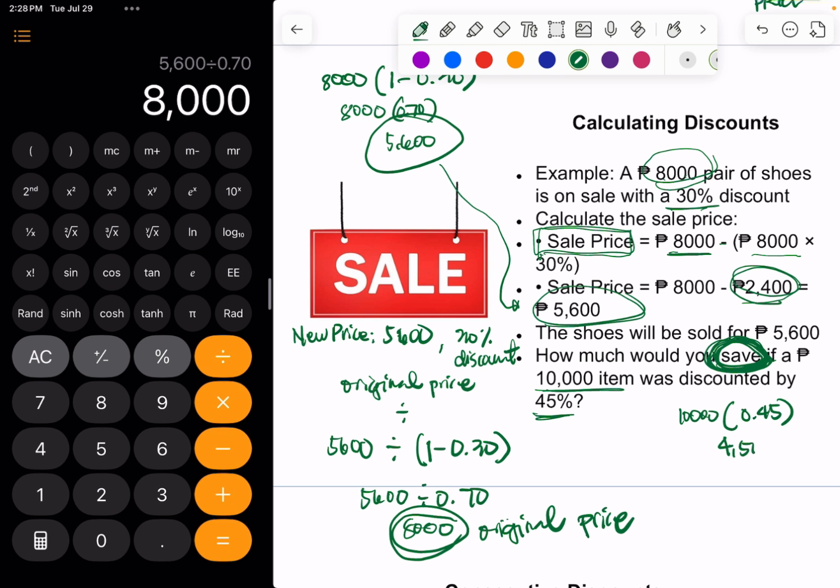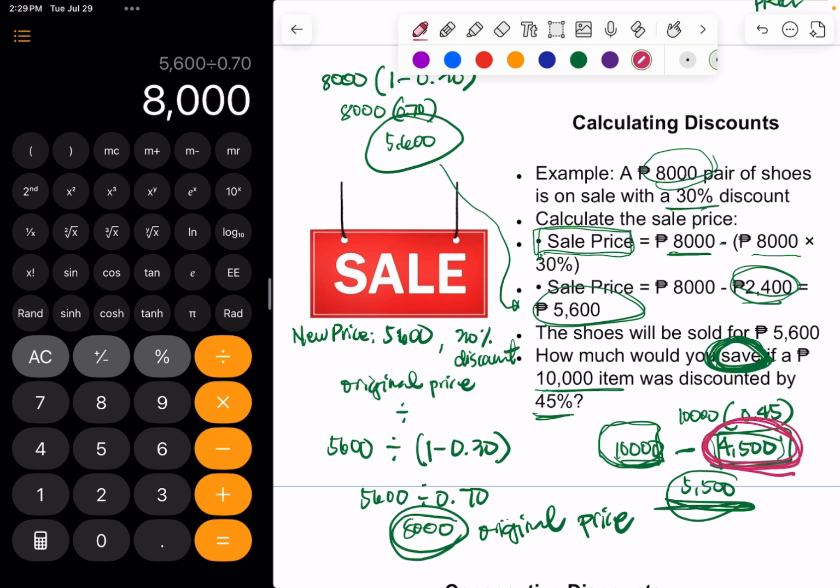So that is 4,500. So kani ang imuang matipid. Kaya di ba ang mahitabo is 10,000 minus 4,500. So instead of 10,000 imong bayadan, makabayad na lang ka og 5,500. So pila man daw imong matipid? Ang matipid nimo kay 4,500. Kaya imong bayadan na lang man kay 5,500 na lang man.